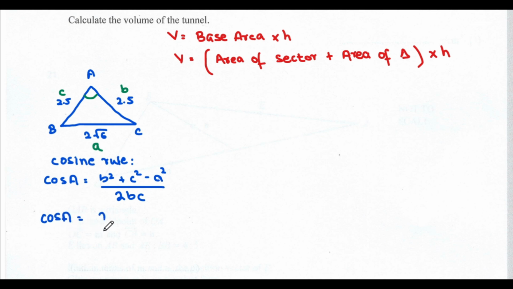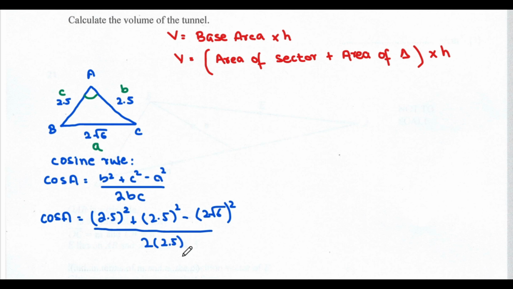Plugging in the values, B is 2.5, C is 2.5, and A is 2 root 6, so 2 root 6 squared over 2 times 2.5 times 2.5. Putting all this into your calculator and taking cos inverse of the answer, you will get angle A. So angle A is 156.9 degrees. So this angle is 156.9 degrees.